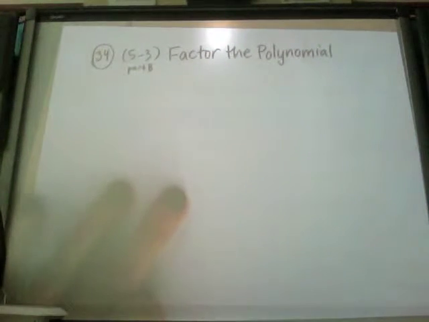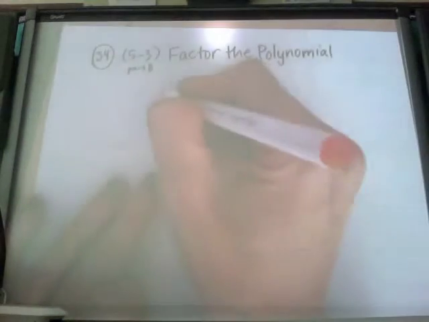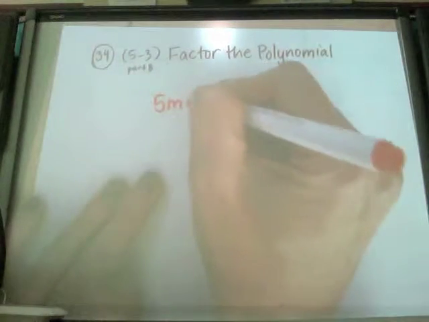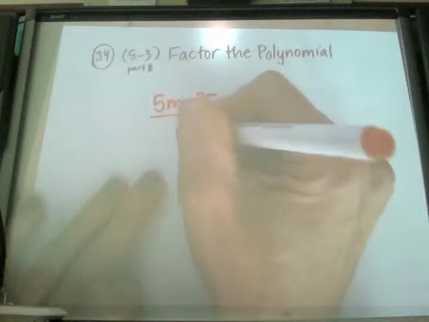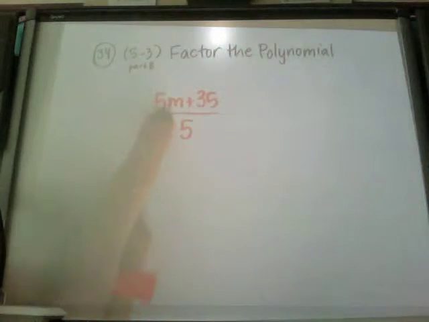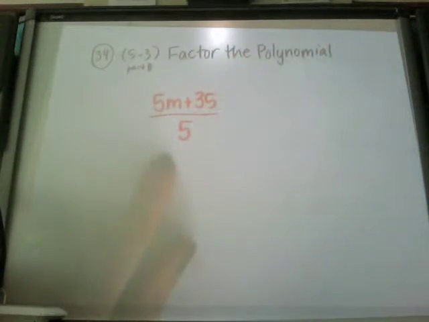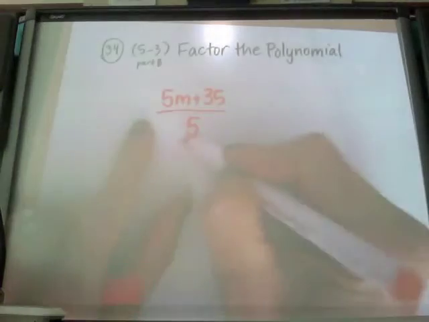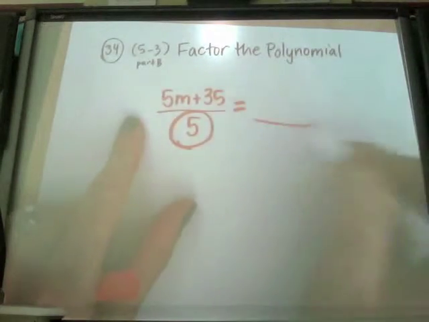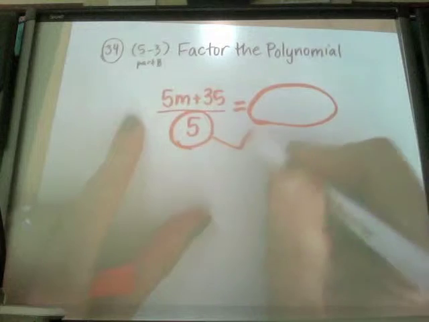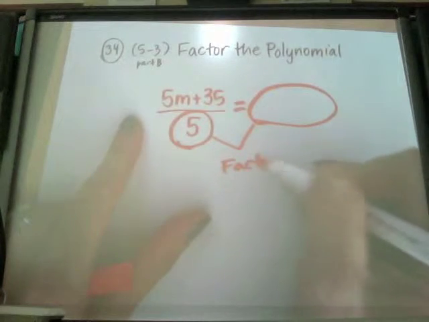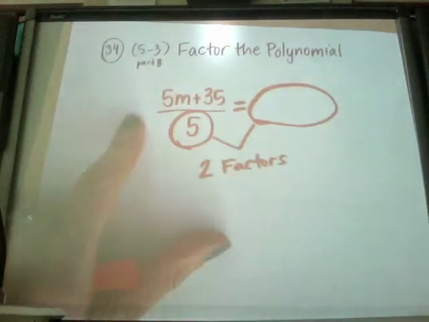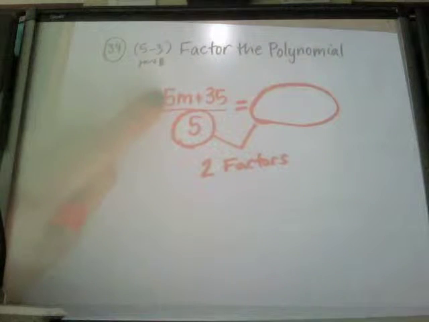So for example, let me just show you one of the problems we started with yesterday. The first one I showed you yesterday was this, and we talked about how we were going to divide both parts. We broke it into separate pieces. So here's the deal. This is one of the factors, and your answer. These are the two factors that if we multiply them would make that polynomial that's in the numerator, right?